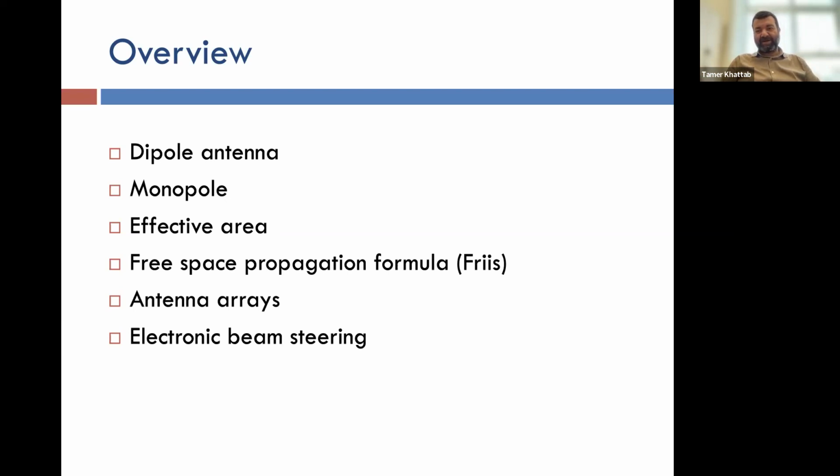It means that we are looking at the electric and magnetic field and the characteristics of the antenna when the receiver is multiple wavelengths away from the transmitter. So they are not very close to each other, and accordingly, we can use the far field approximation.